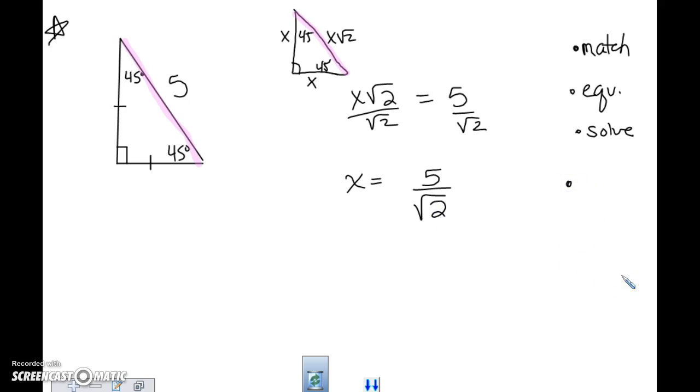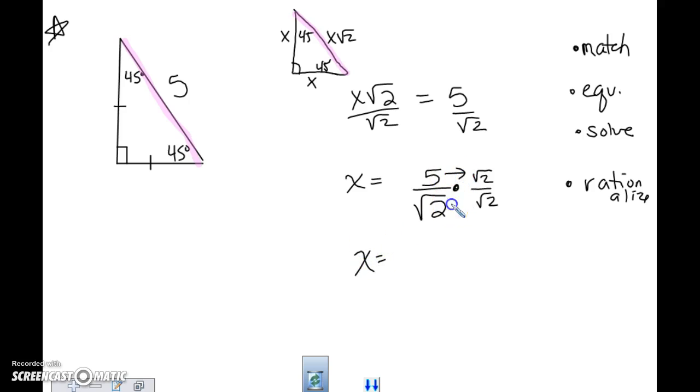But there is a slight problem because now we have a square root in the bottom of a fraction. At the beginning of this unit, we said we can't do that because it's bad form, right? So we have to multiply to rationalize it. So I'm going to multiply by this bottom radical. Multiplying by 1, so it doesn't change the value. It's just going to look a little different.